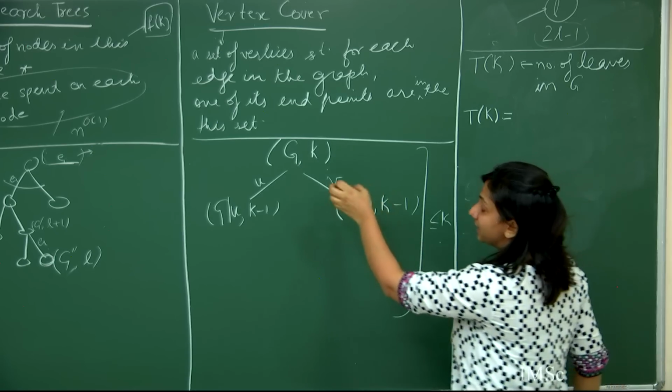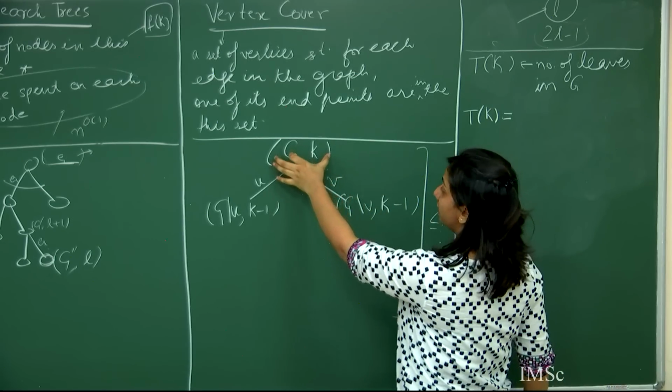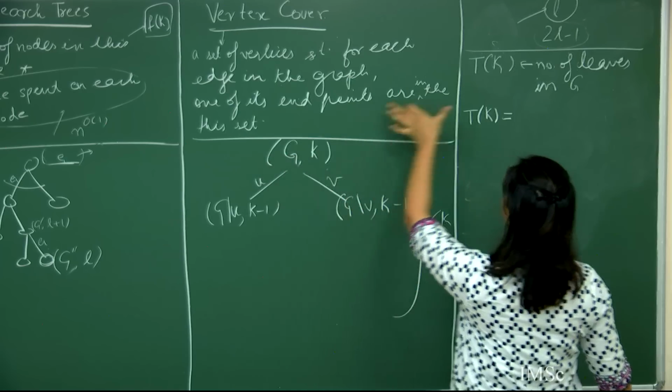Suppose the number of leaves for this instance is denoted by Tk.